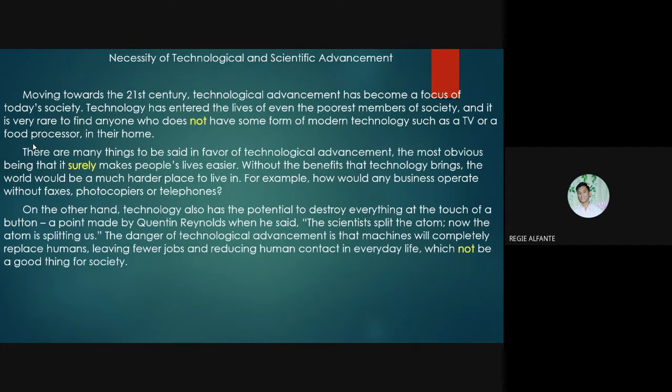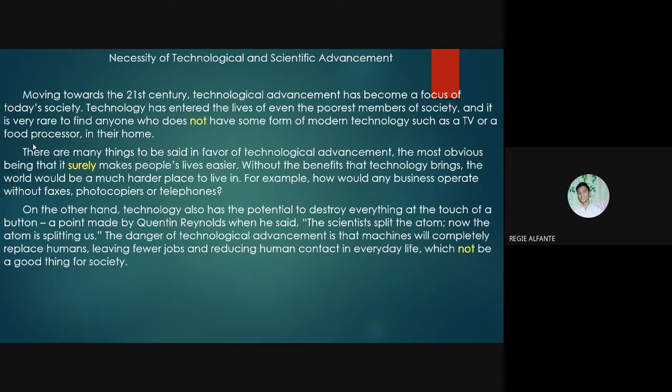Next, we have another argumentative essay entitled Necessity of Technological and Scientific Advancement. So, moving towards the 21st century, technological advancement has become a focus of today's society.